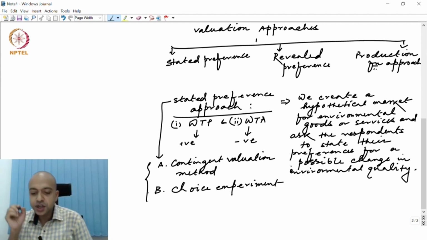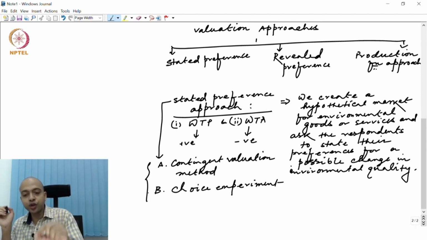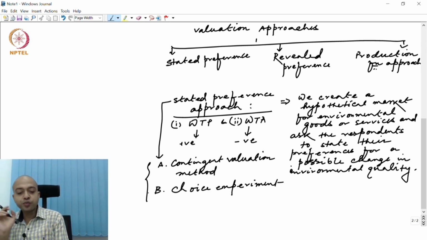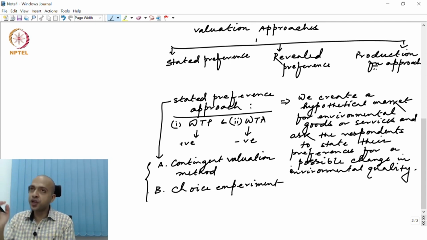So these are the methods that we apply in the category of stated preference approach. Basically, whether we use contingent valuation method or choice experiment, our objective would be to estimate their willingness to pay or willingness to accept. Willingness to pay for a positive change in environmental quality, willingness to accept for a negative change in the environmental quality. We'll estimate willingness to pay and willingness to accept compensation, through which we are basically estimating their preferences.